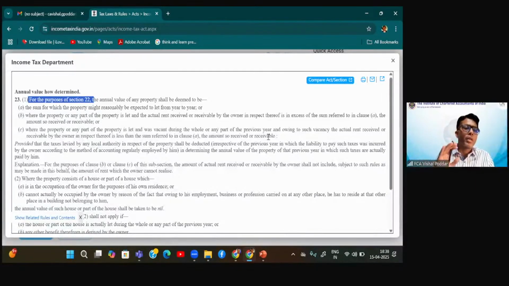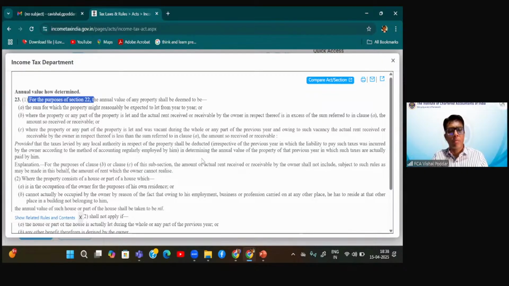That is where the property is let out. I hope this is clear to all, even though in particular, the case scenario where ARV is higher than ER, and in that case, we take GAV as AR, that is particularly mentioned in clause C. But again, I repeat, it is applicable to entire 23(1).